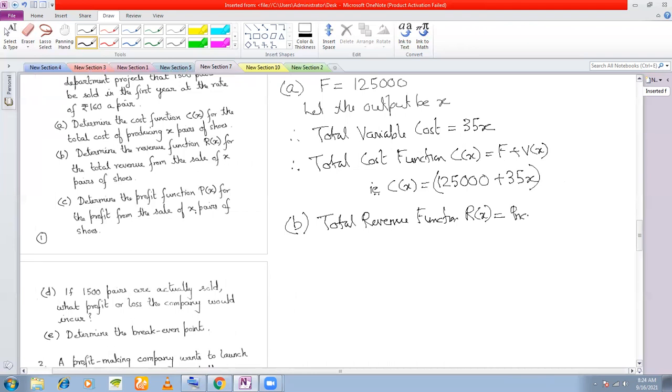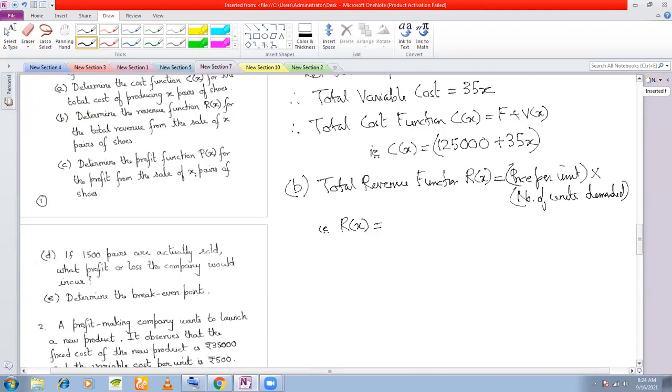Price per unit into number of units produced or demanded or output. That is, R(x) is equal to price per unit, which is given here as 160, and the number of units produced is X. So that is your total revenue function, 160X.